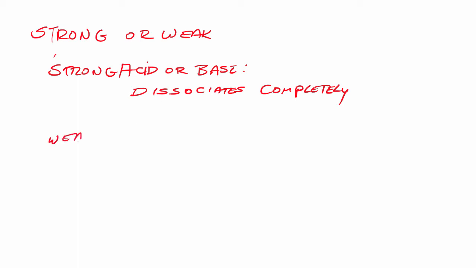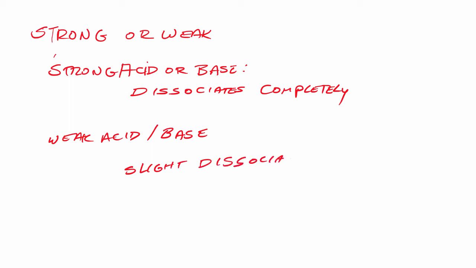A weak acid and base has slight dissociation. That means the compound dissolves in solution in water, and then a little bit dissociates. So we have an equilibrium process. The acid goes in, dissociates, and goes back again. This is what I mean by slight dissociation.